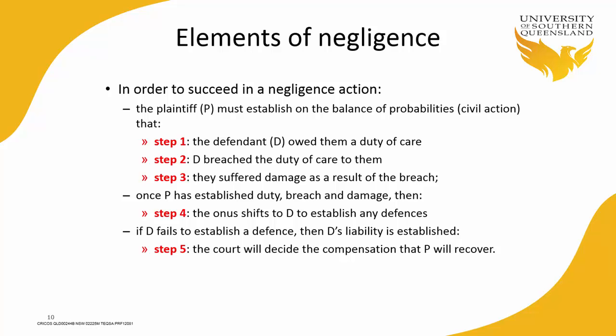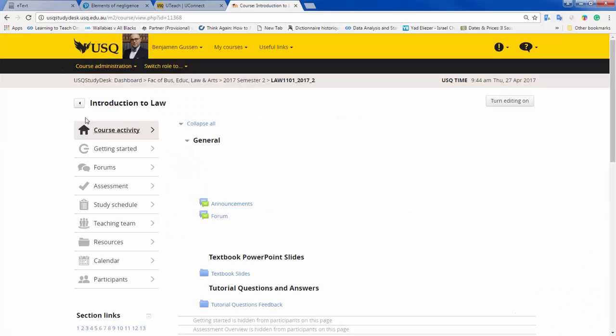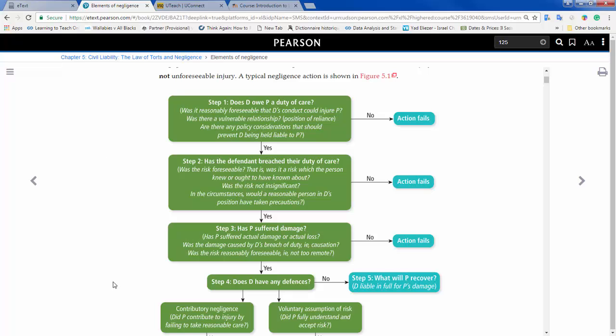Now, there's a good thing in your textbook, which is the flow charts that you will find explaining how these elements interact with each other. So the 3 steps or the 3 elements are shown to you in summary form on page 124.